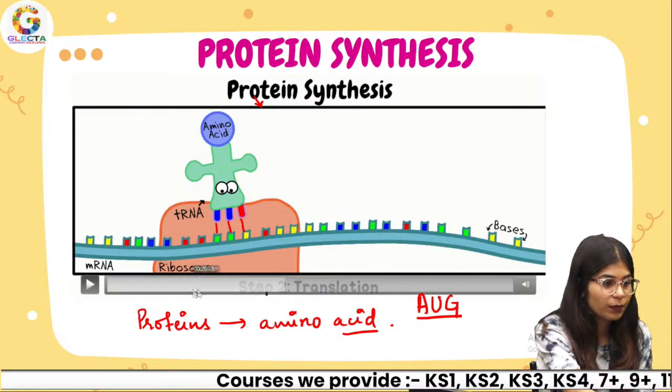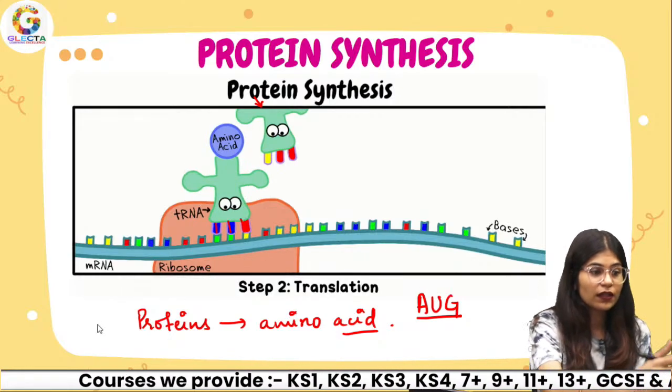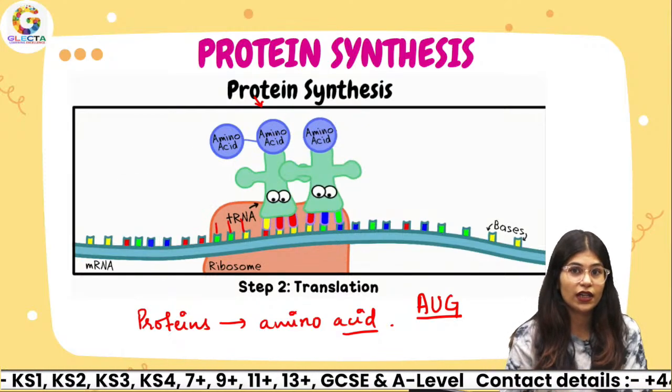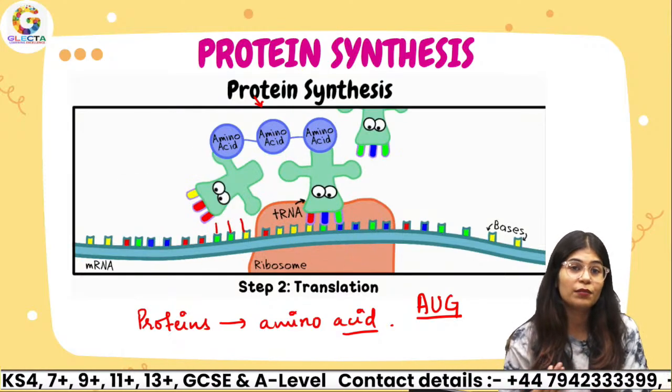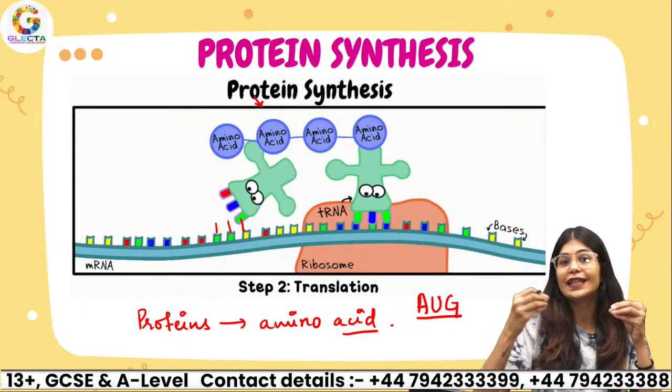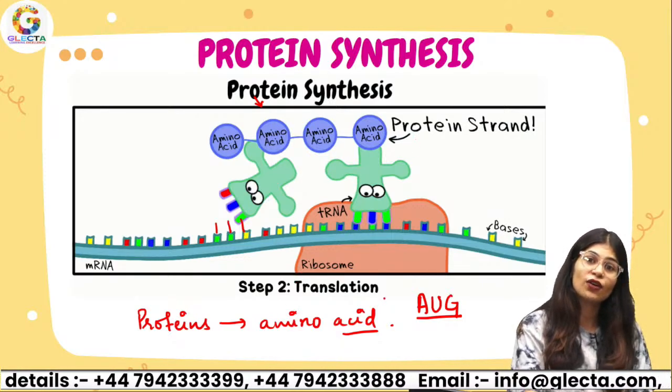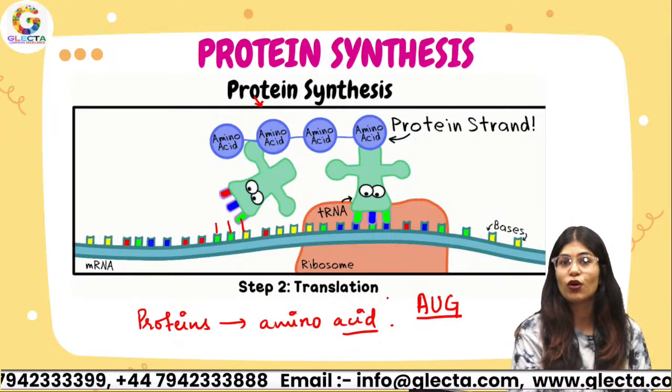So now playing the video again, the more codes it reads, the more amino acids the tRNA is going to bring, and the more amino acids it brings, the more connections it's going to make. And this chain of amino acids is what we call a protein.